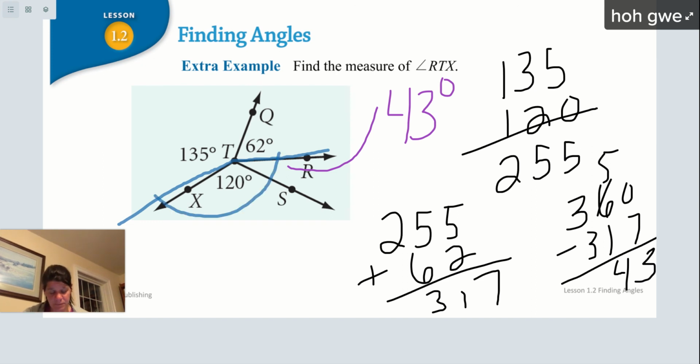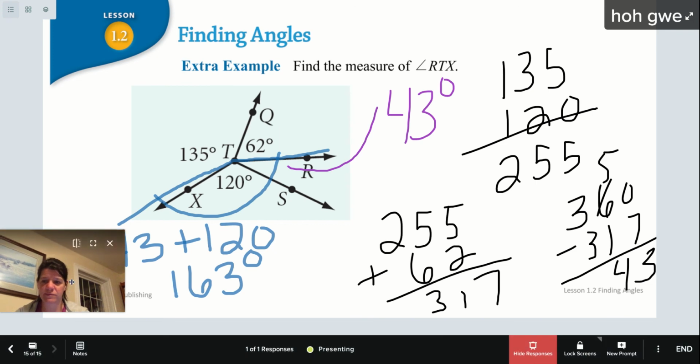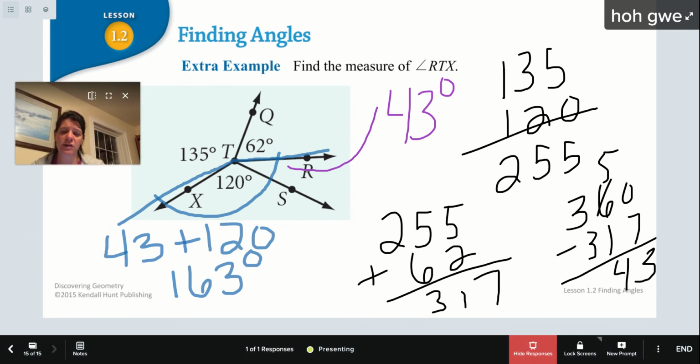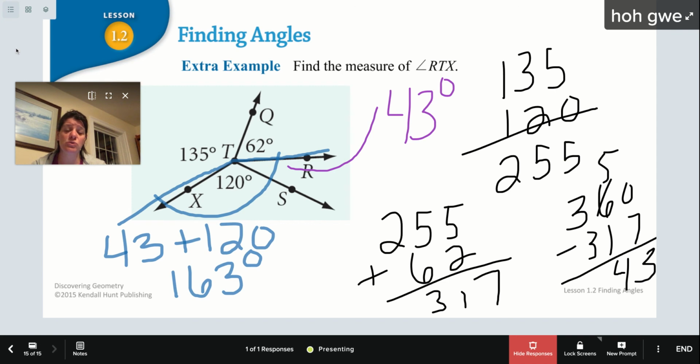And to get that, I'm going to just do 43 plus 120 to get 163 degrees. And that's using my angle addition postulate because those two things are next to each other, so I can add them together to get the full measure. Make sure when you're doing stuff, you remember to put your degree symbol on.